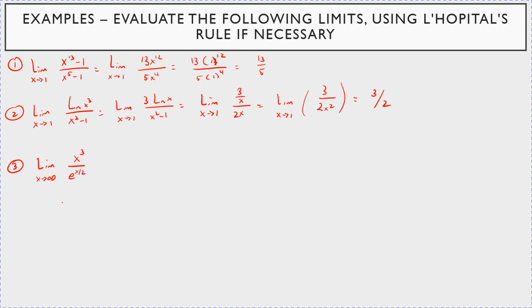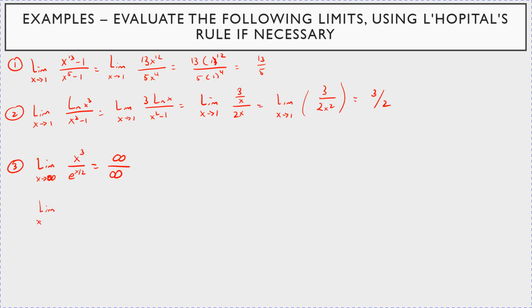And now here's the thing. As x goes to infinity, x cubed goes to infinity. e to the x divided by 2 as x goes to infinity also goes to infinity. So by intuition, you get this infinity over infinity. So you get this indeterminate form. So let's see if we can apply L'Hopital's rule and see what happens. And it turns out we can.